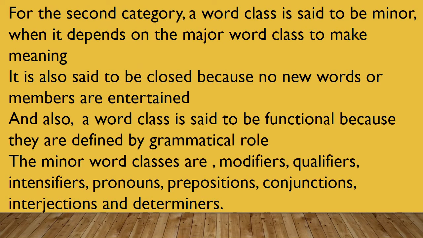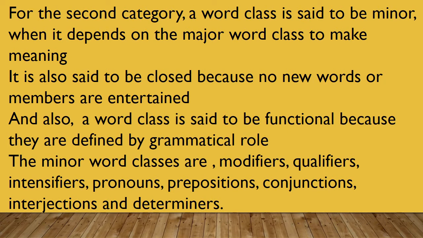For the second category, a word class is said to be minor when it depends on the major word class to make meaning. It is also said to be closed because no new words or members are entertained.